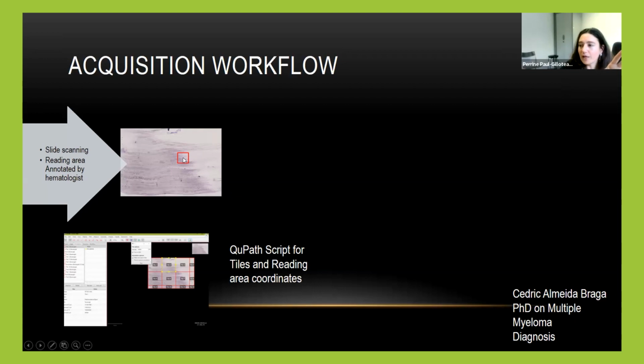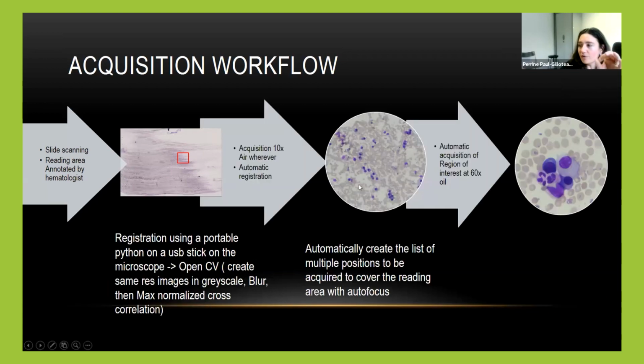Then we go to another microscope, a classical confocal microscope, but with a color camera, where we acquire just a snapshot of any area on the image. Then we do some automatic registration, which is an easy problem because they are similar images.